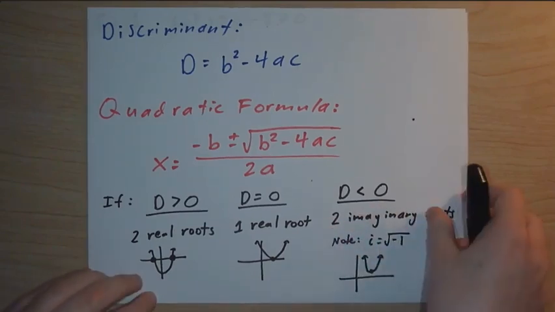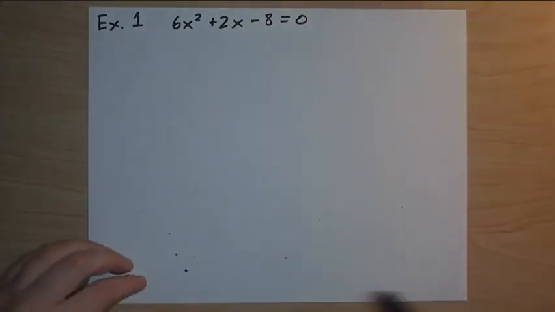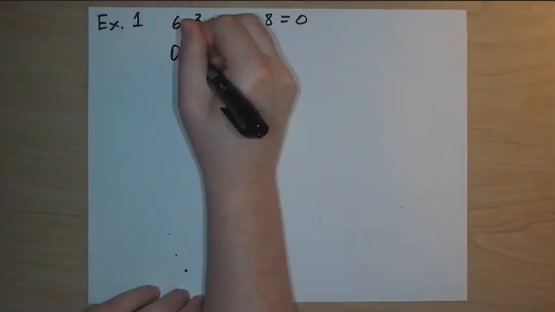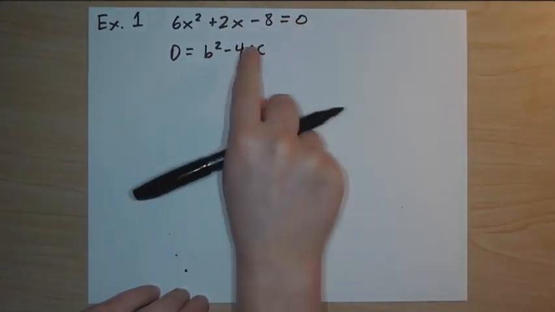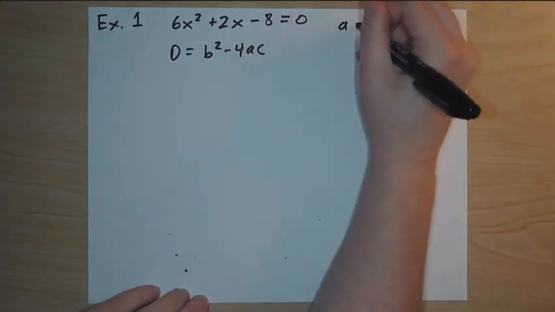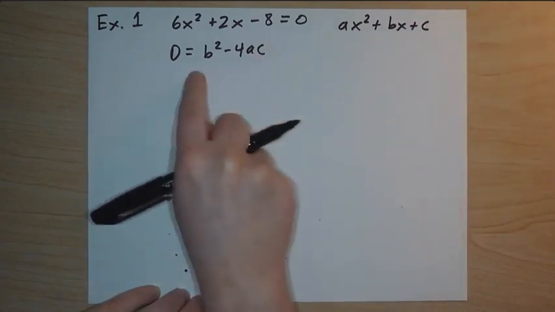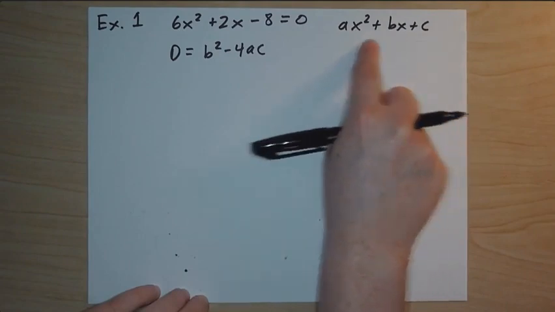So now that we have that, we're going to find the discriminant of 6x squared plus 2x minus 8. If you remember, the discriminant is D equals b squared minus 4ac. Also, any parabola is in the format of ax squared plus bx plus c. So when we say a, b and c, we're referring to the numbers a, b, and c in this format.